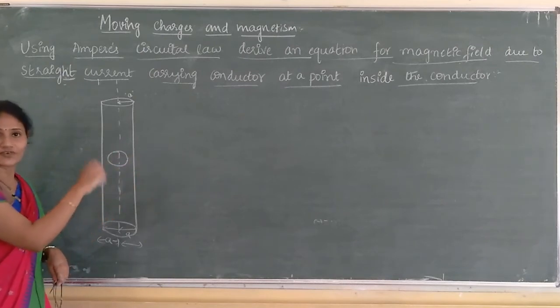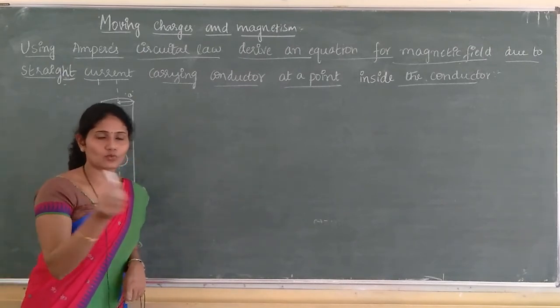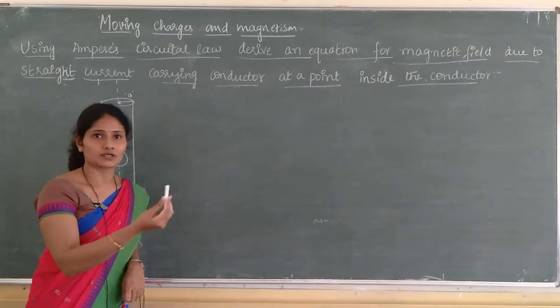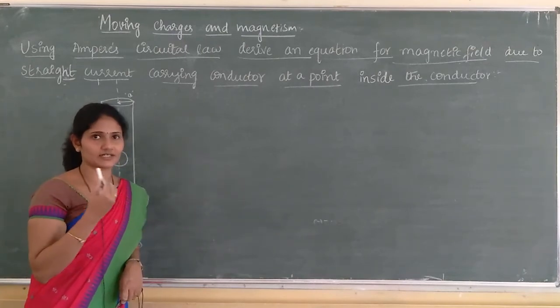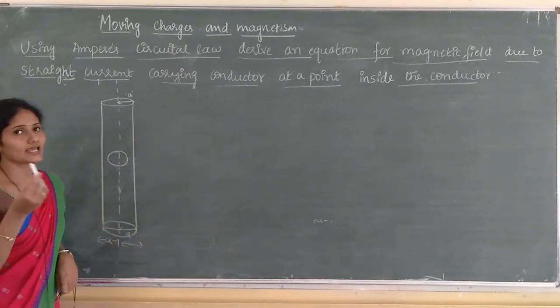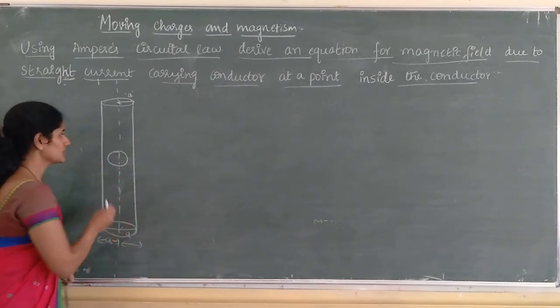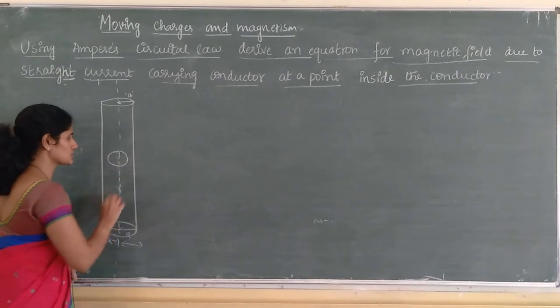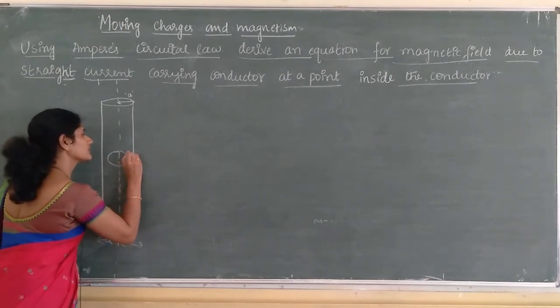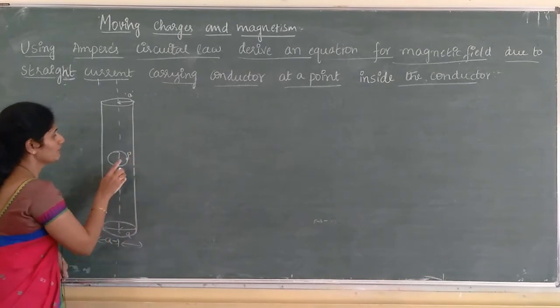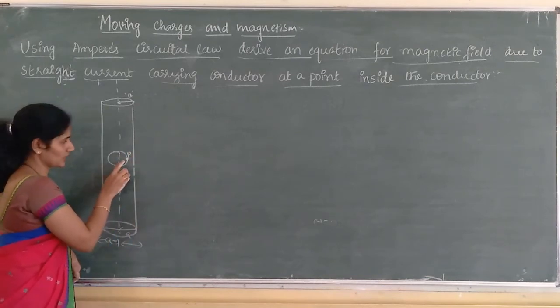In the first case, we drew one circle or loop outside the conductor. That loop is called the Amperian loop. Here this is the loop, Ampere's loop. At a point P, what is the magnetic field that we have to calculate?